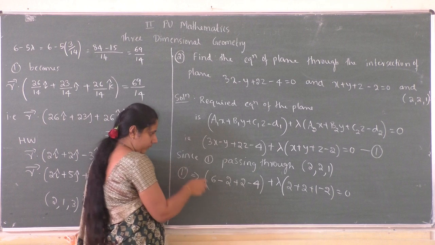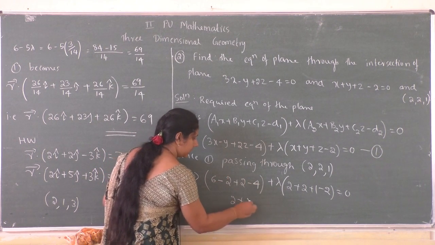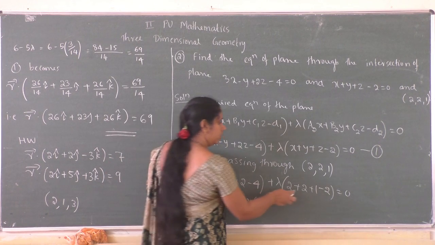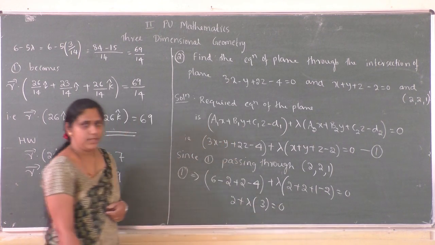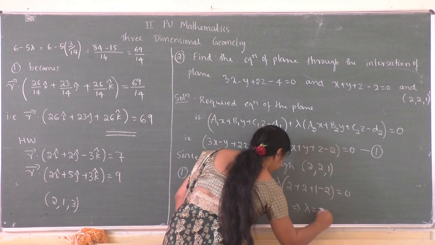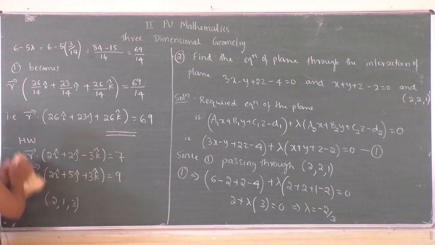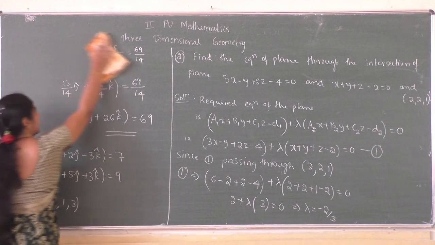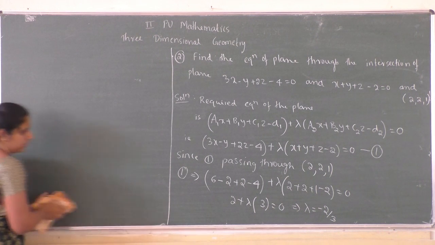So what is this value? Minus 2 plus 2 cancel, 6 minus 4, 2 plus lambda into 2, 2 cancel, 2 plus 1, 3. So 2 plus 3 lambda is 0, that implies lambda is minus 2 by 3. Now we have to substitute the lambda value in equation 1 and then, simplifying, we get the required equation.